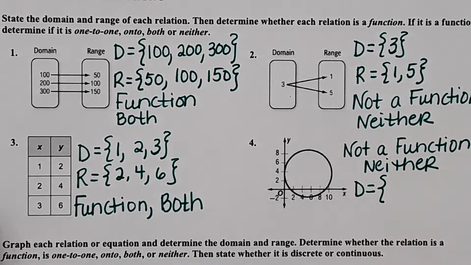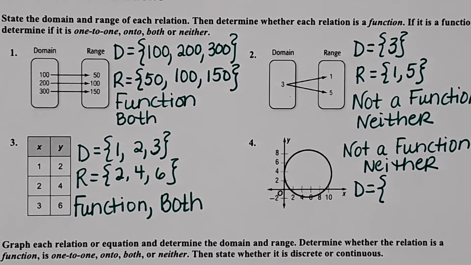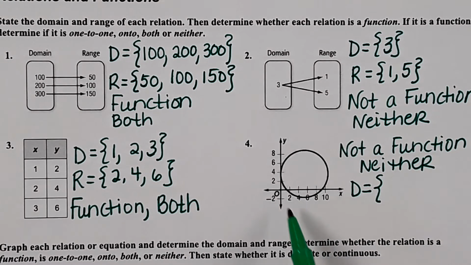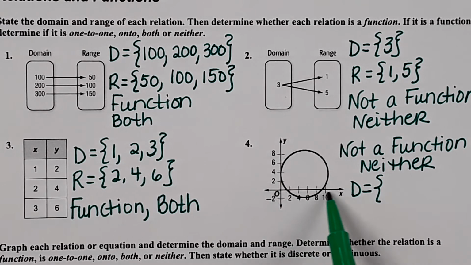So remember what the domain is. The domain are the x values, okay? So we're going to look along the x-axis. So we're going to look here. So what is the range of the x values on the x-axis? -2 to 10. Okay, -2 is going to be on the y-axis. So we're looking right here.